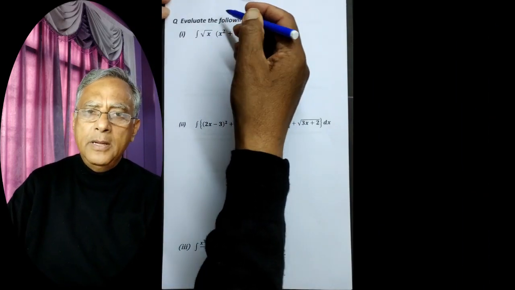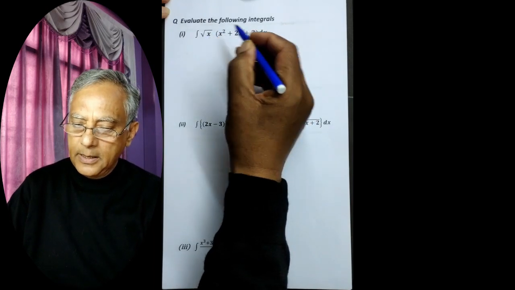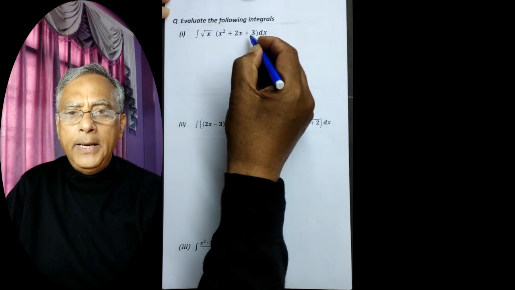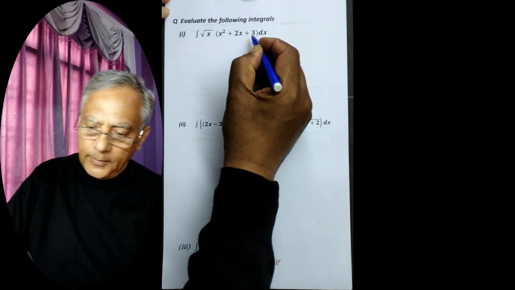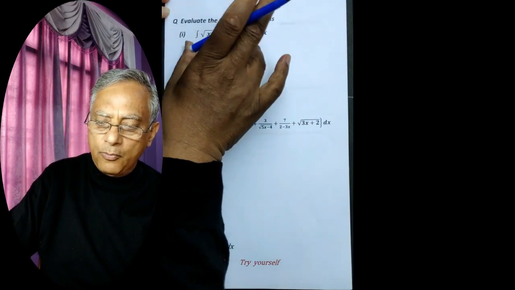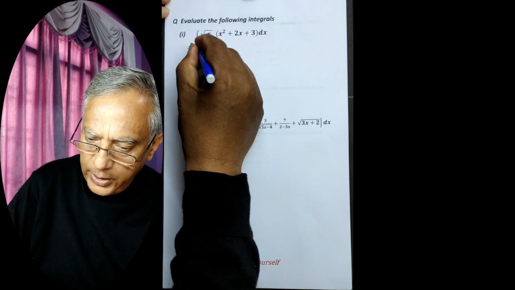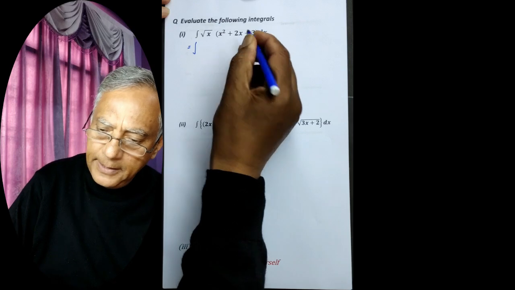Now we take up some very simple questions. Now first is this. Now there is no product rule available in general. So what we do is we will reduce this question into the formulae we already know. So what we do is we multiply these two.